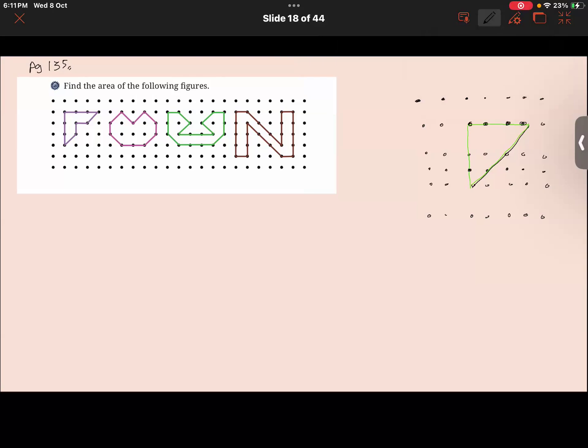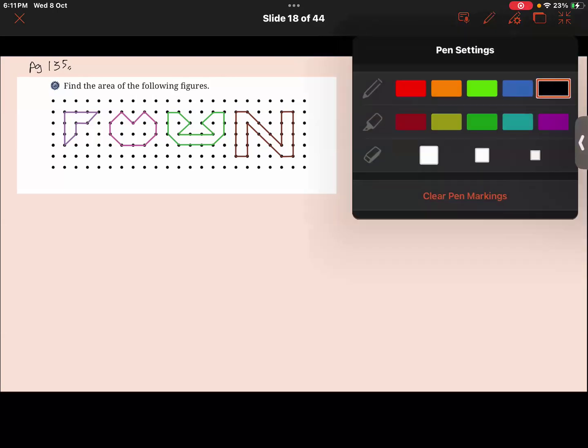Is the diagram properly visible to you? Okay.